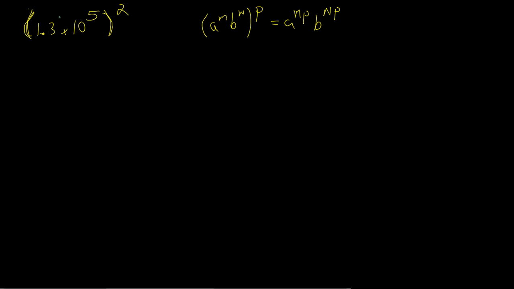Well, this was to the first, so that's 1.3 squared times 10 to the 5th squared. But my power rule says that's going to be 10 to the 10th. Right? There's my n times p.